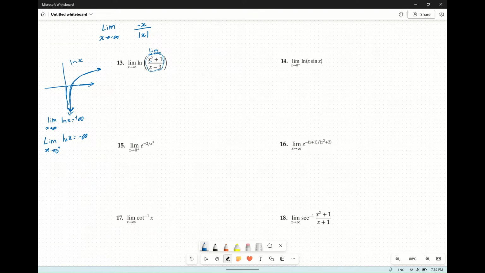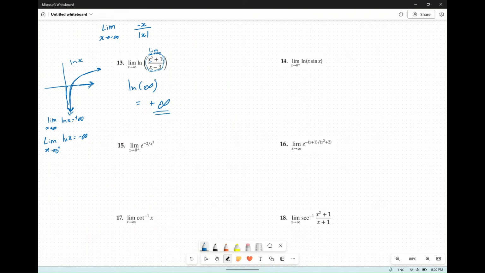Well, the degree up is power 2, the degree down is power 1, so this one will go to infinity. So I will end up with ln of infinity. Now what do we know about ln as x goes to infinity? We know that it will go to positive infinity. So that is the answer.